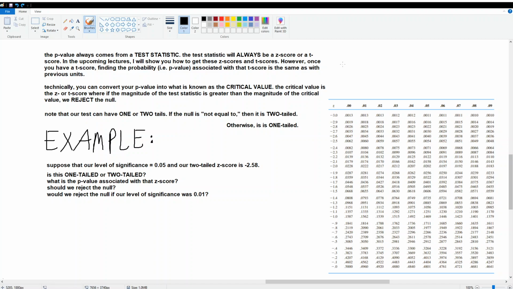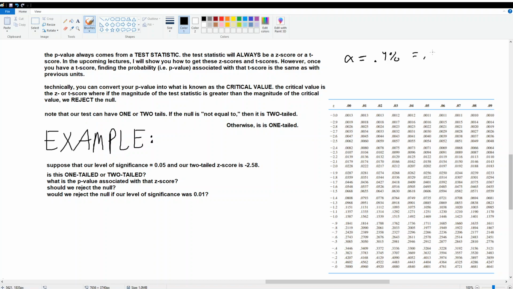Now, technically, you can take your p-value and convert it into a critical value. The critical value is our z or t score, where if the magnitude of our test statistic is greater than that magnitude, we reject. For example, suppose we have our alpha. Let's suppose we want our level of significance to be 0.4%.